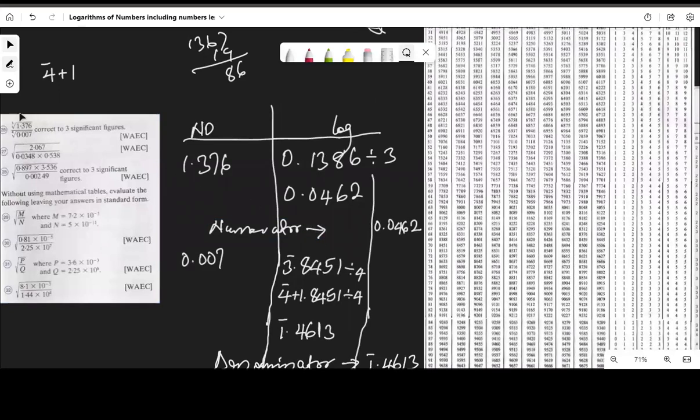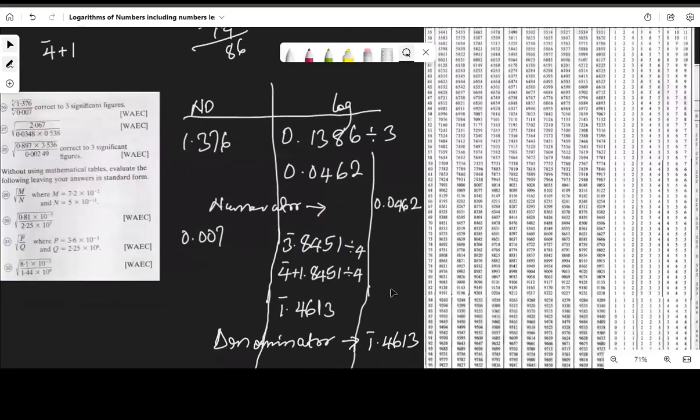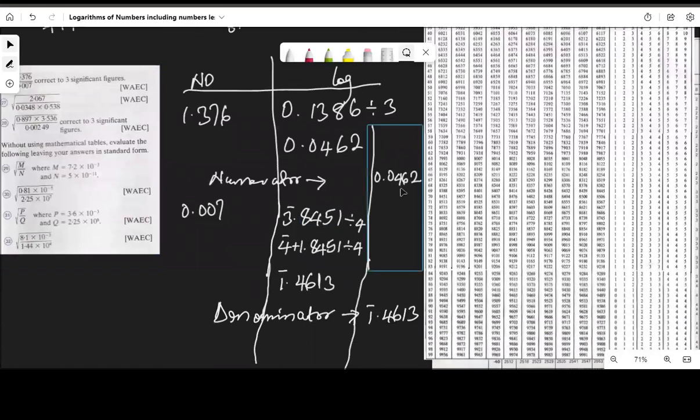And the logarithm for this numerator is right here, which is 0.0462, while that of the denominator is right here, bar 1.4613. So if we subtract those two numbers, let me do the subtraction here.